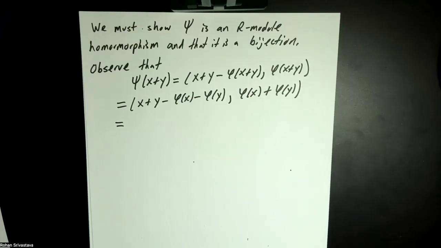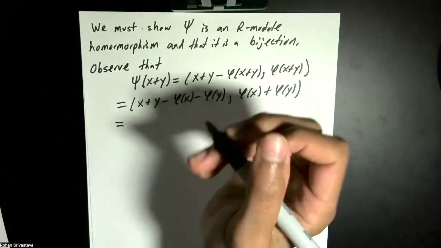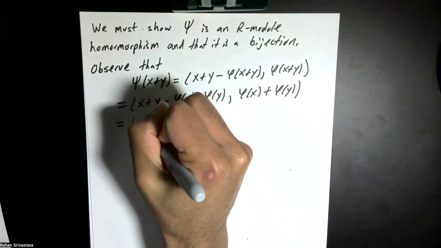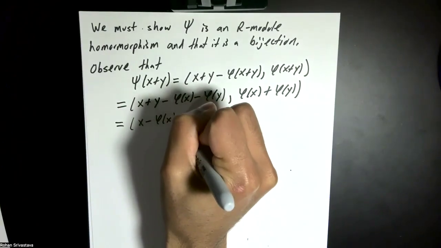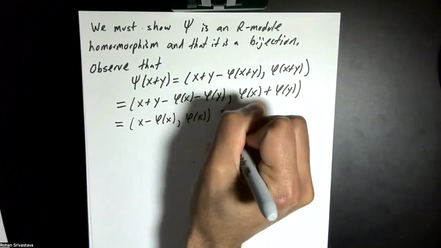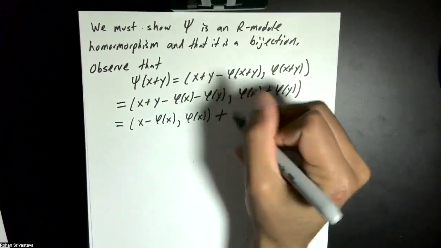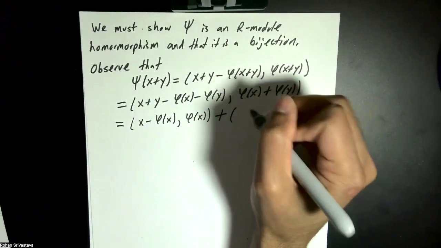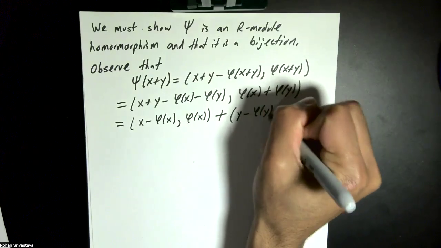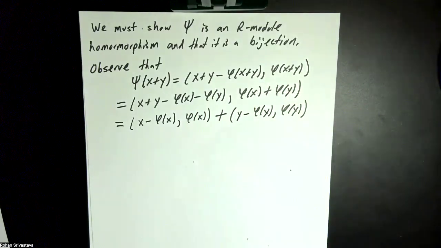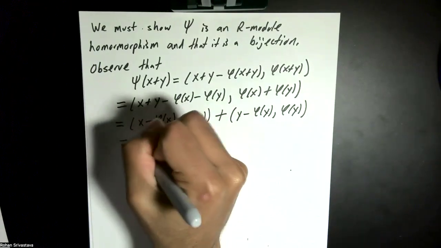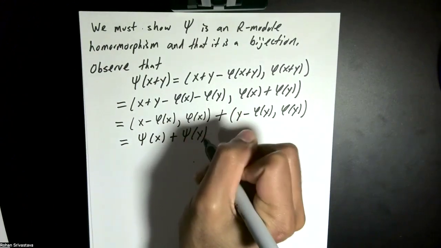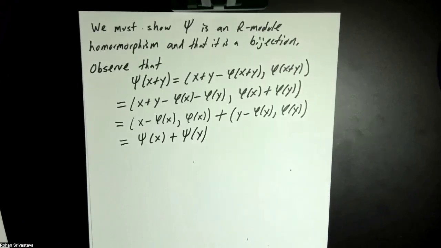And so this is equal to x minus phi of x, comma phi of x, plus, this addition is taking place in the direct sum, the tuple y minus phi of y, phi of y, and that is psi of x plus psi of y by the definition of psi.